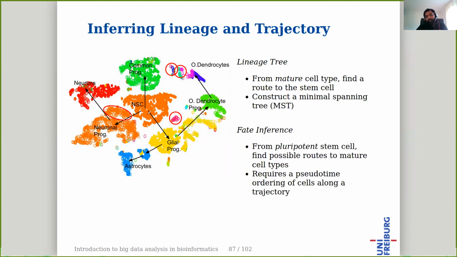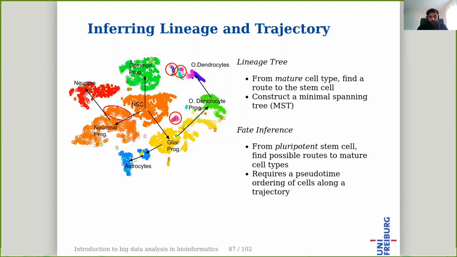The other one is cell fate inference. For example, here, the neural stem cells can choose either this path or this path. They can generate common progenitors or glial progenitors or even neuronal progenitors. So there are three different paths that a neural stem cell can choose from.